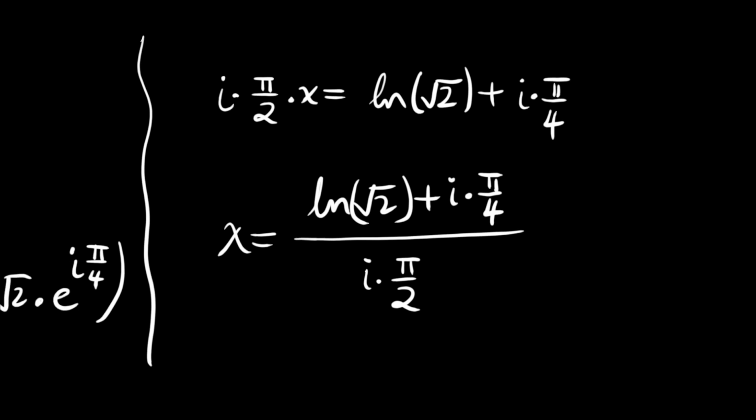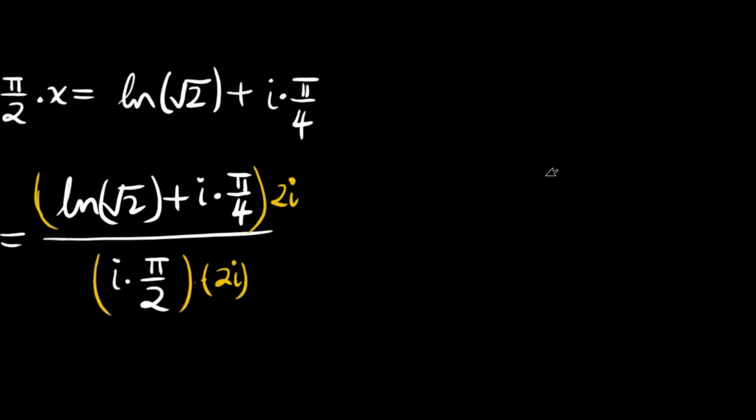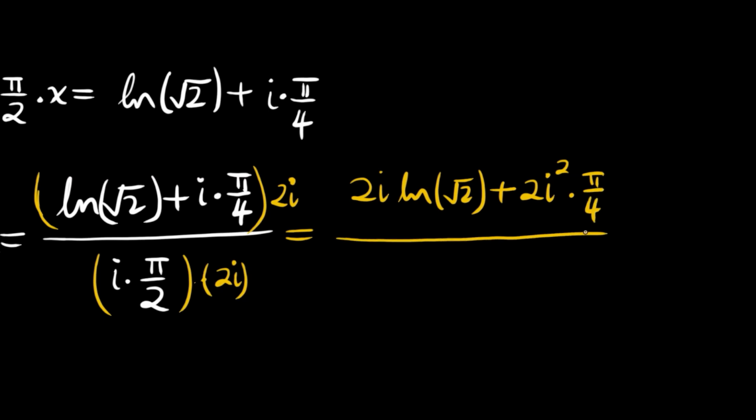Let me just multiply by 2i here and here. Then we will have x is equal to 2i times ln root 2 plus 2i squared times pi over 4, all divided by these 2's and i will cancel.